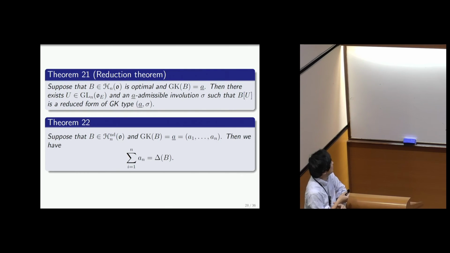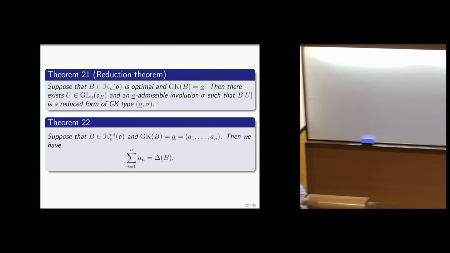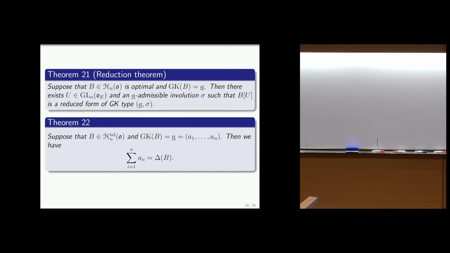Now the reduction theorem says that suppose that B is optimal and the Gross-Keating invariant of B is equal to A, then there is a unimodular matrix U and an admissible involution sigma such that B^U is a reduced form of GK type (A, sigma). So the theorem says that any semi-integral Hermitian matrix B is equivalent to a reduced form.